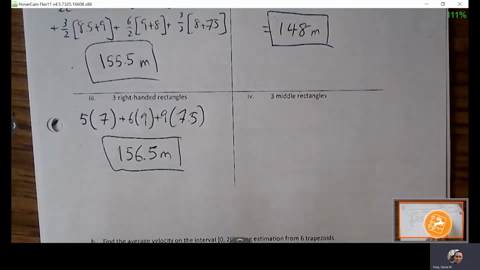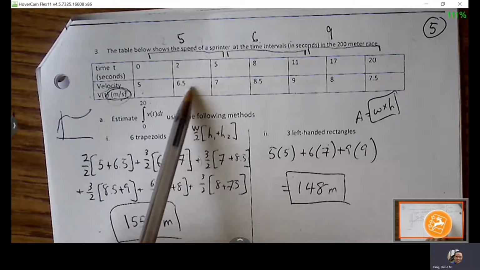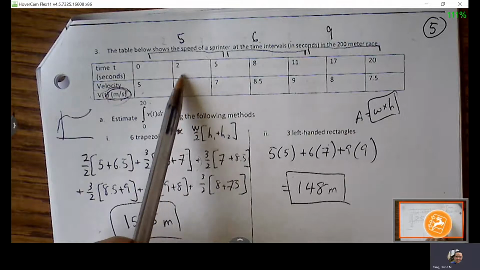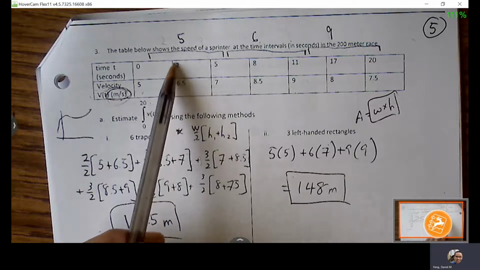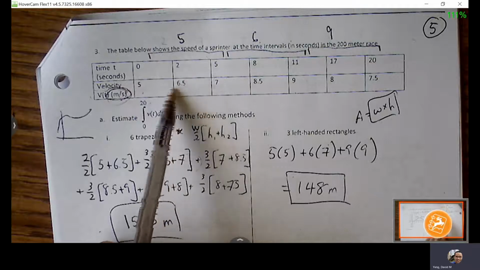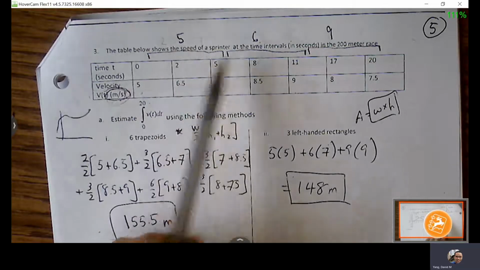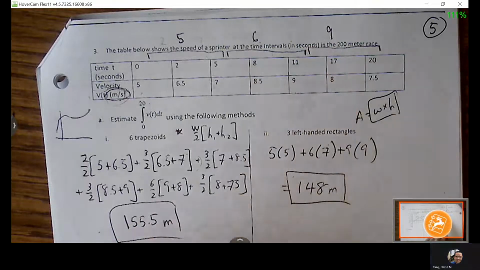Okay, 3 middle rectangles. So middle rectangles, we're just going to pull the middle y value. We're not going to do anything special with it. We're not going to find the average. We just take whatever is between, it doesn't even have to be completely in the middle. It's just whatever lands somewhere between 5 and 7. If they give that to us, then we'll take that value. So width times height, width times height, width times height.